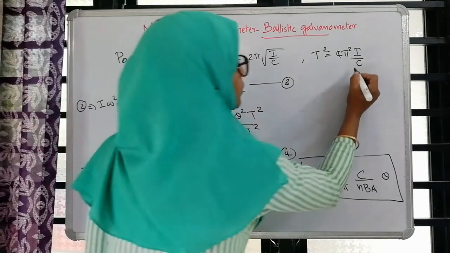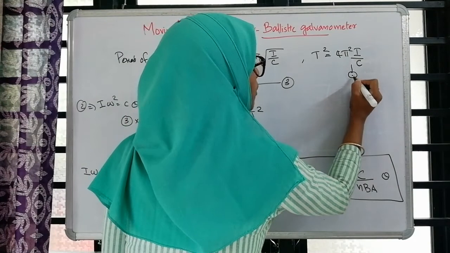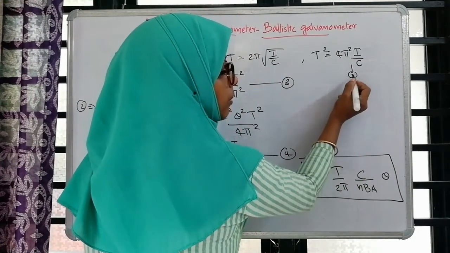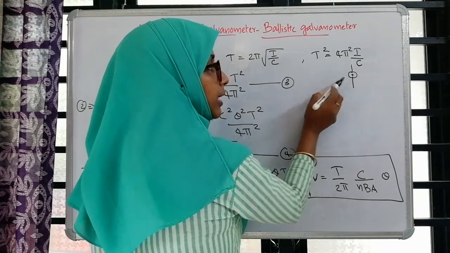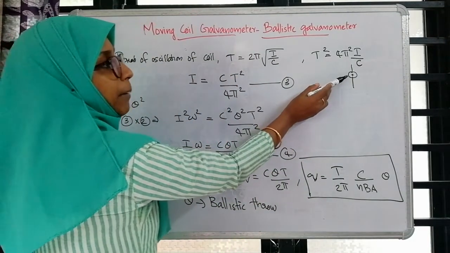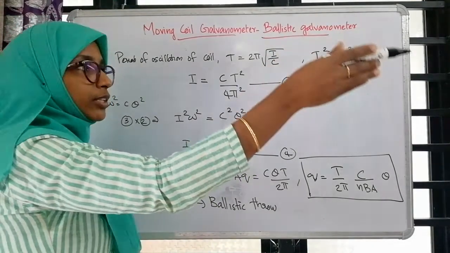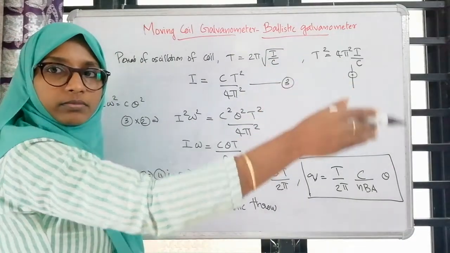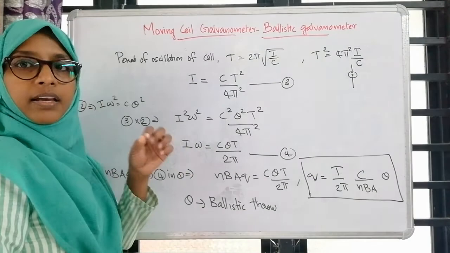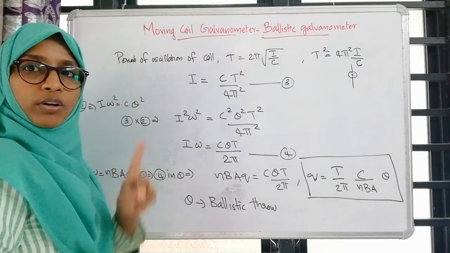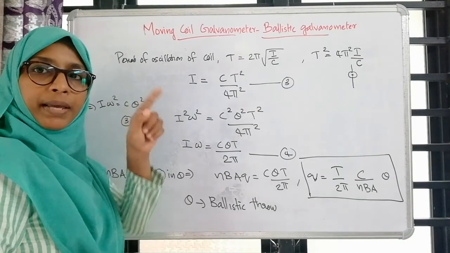Sorry, I have erased the figure. This is the mirror. When the coil oscillates, the mirror also oscillates. Then the oscillation of this mirror can be obtained from a scale which is placed opposite to this coil. Here it is a ballistic galvanometer or a moving coil galvanometer. Along the phosphor bronze fiber there will be a mirror.